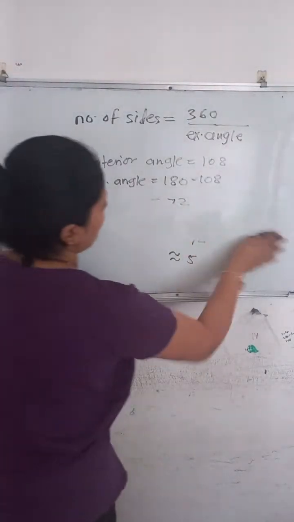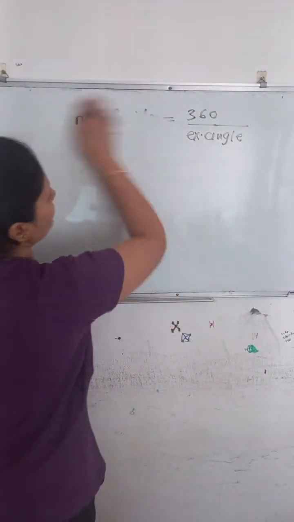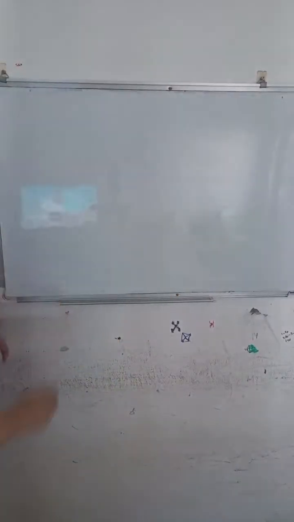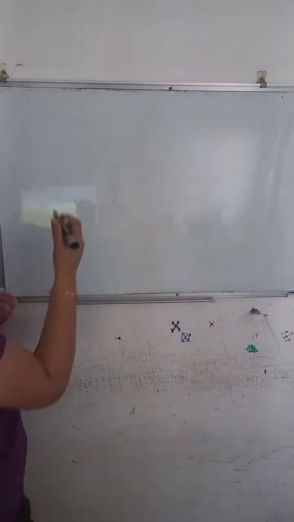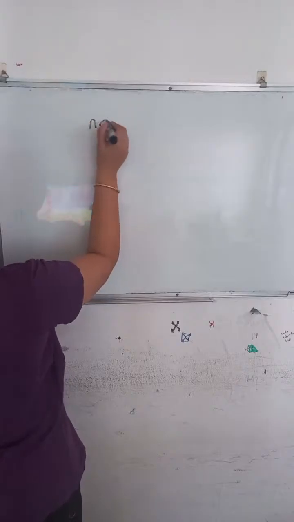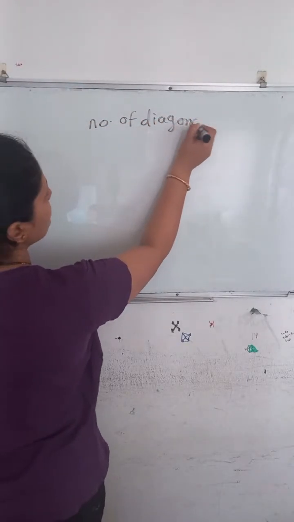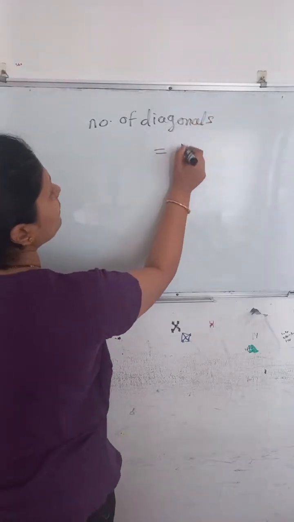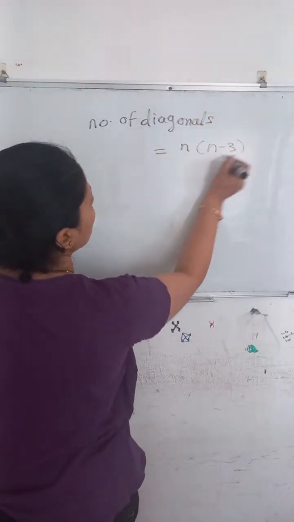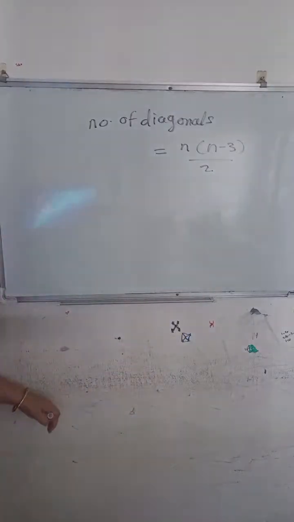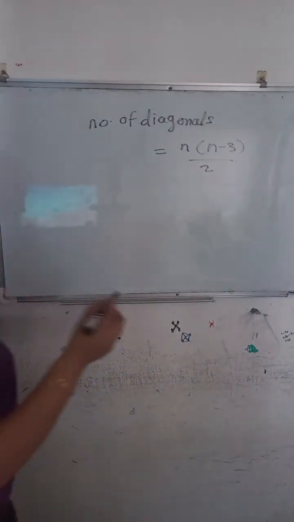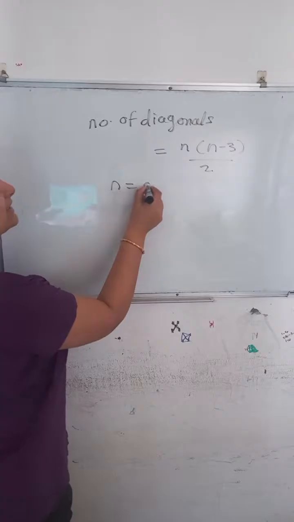Many times they will ask it as an MCQ or as a 2-mark question. So the number of diagonals is equal to n(n minus 3) divided by 2. This is the formula.